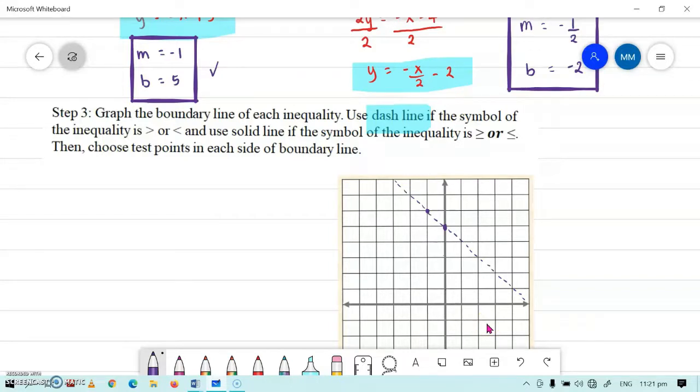So let's use this one as point A. And for this other side of our boundary line, let's use this point as point B. Now that we have identified test points A and B, let's check which of the points will satisfy our first inequality to identify which side of the boundary line we shall shade. So let's proceed with test point A.